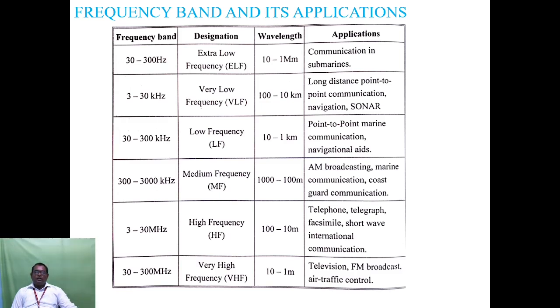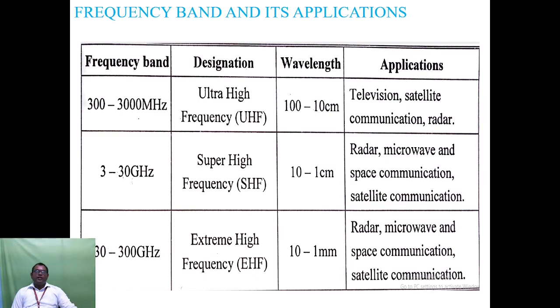The frequency band 300 to 3000 megahertz is called ultra high frequency, and the wavelength is 100 to 10 centimeters. It is used in television, satellite communication and radar. Radar means radio detection and ranging. The frequency range 3 to 30 gigahertz is super high frequency, the wavelength is 10 to 1 centimeter.